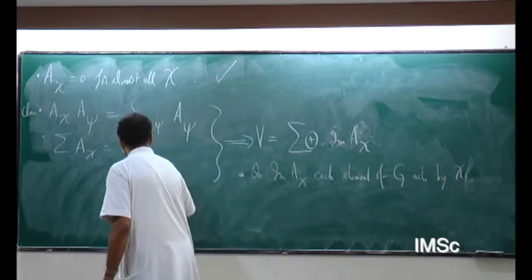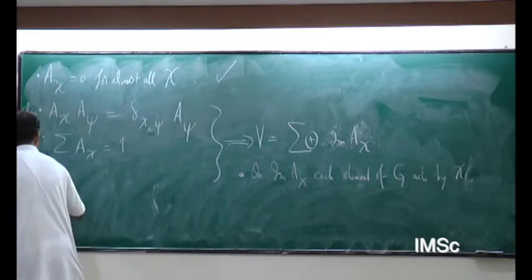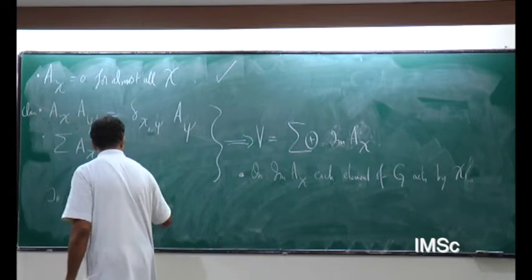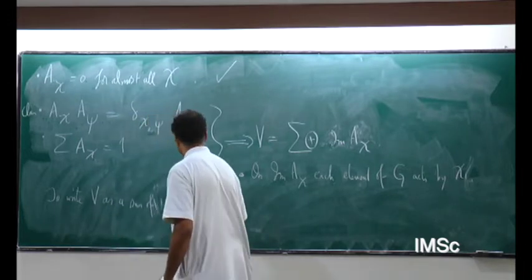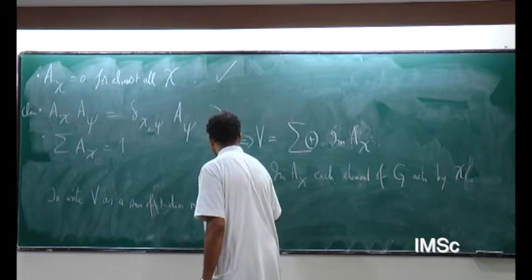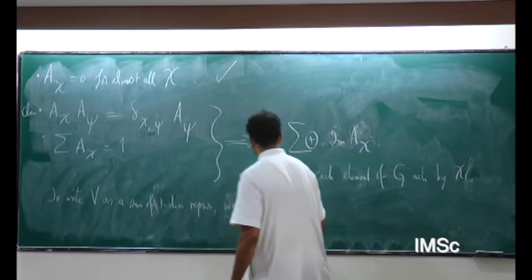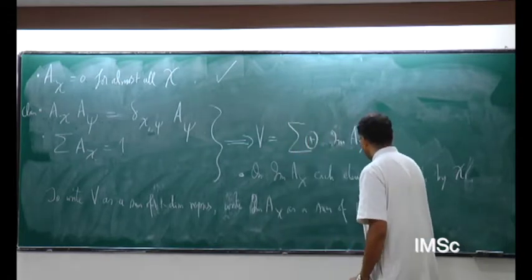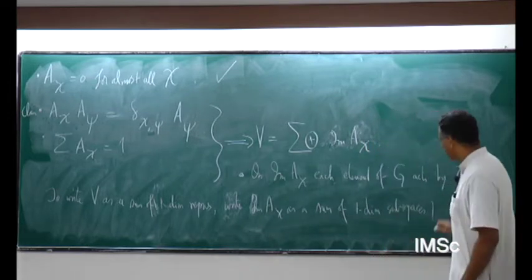So write V as a sum of one-dimensional representations. Choose, write the image of A chi as a sum of one-dimensional subspaces, any which way.